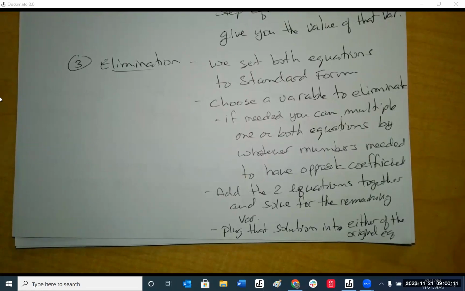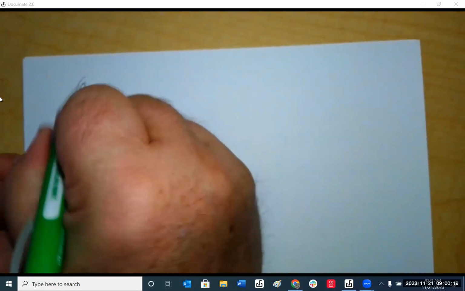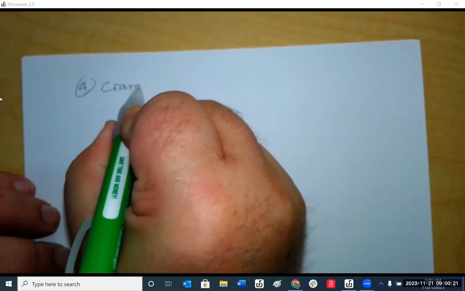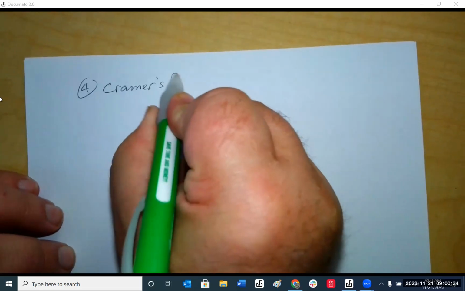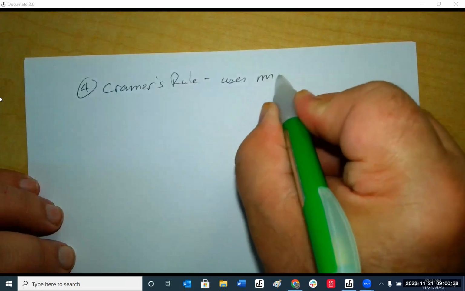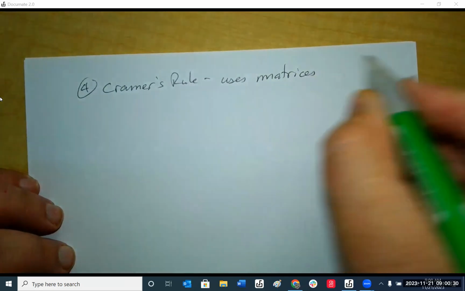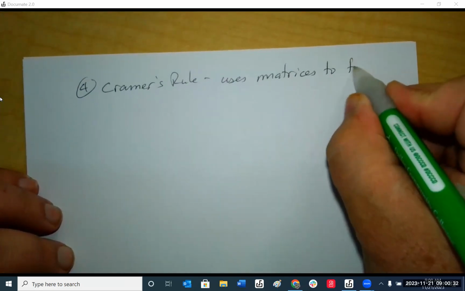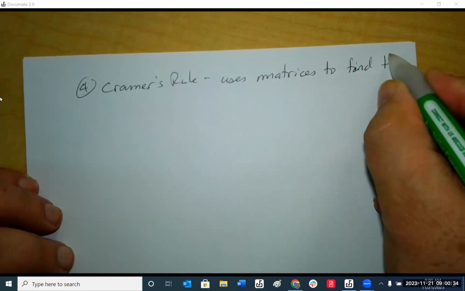Okay, so we'll start off with those. And then we'll talk about the fourth method, called Cramer's rule. And this uses matrices to find the solutions.